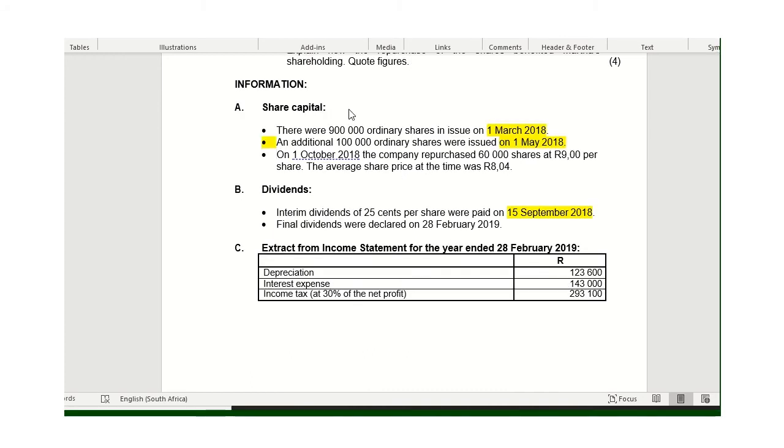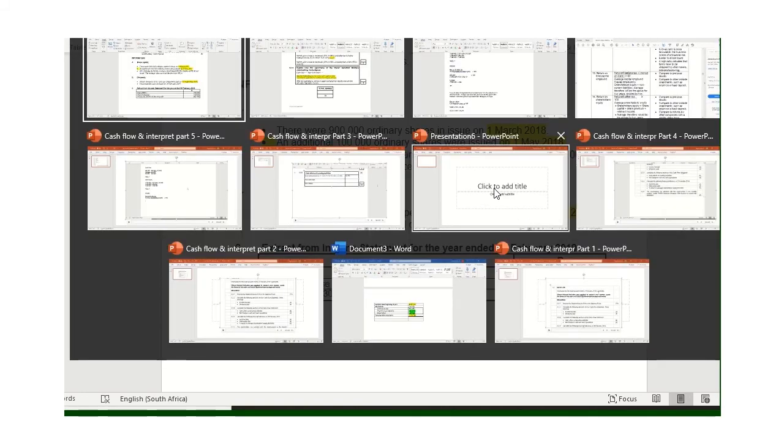Good. So the total shares after the buyback, we started off with 900. Additional 100,000 gave us 1,000,000, and now we bought back 60. So the number of shares in issue at the end would be 900 plus 100 minus 60, which gives me 940,000.